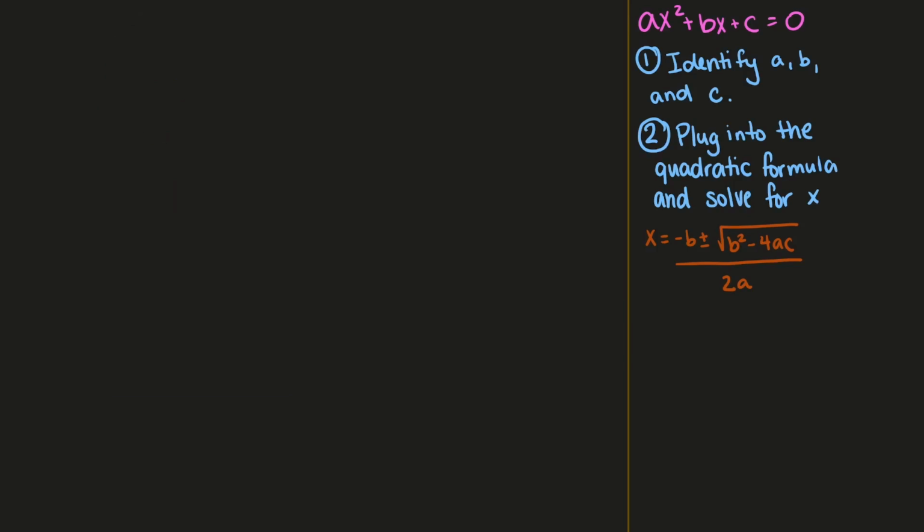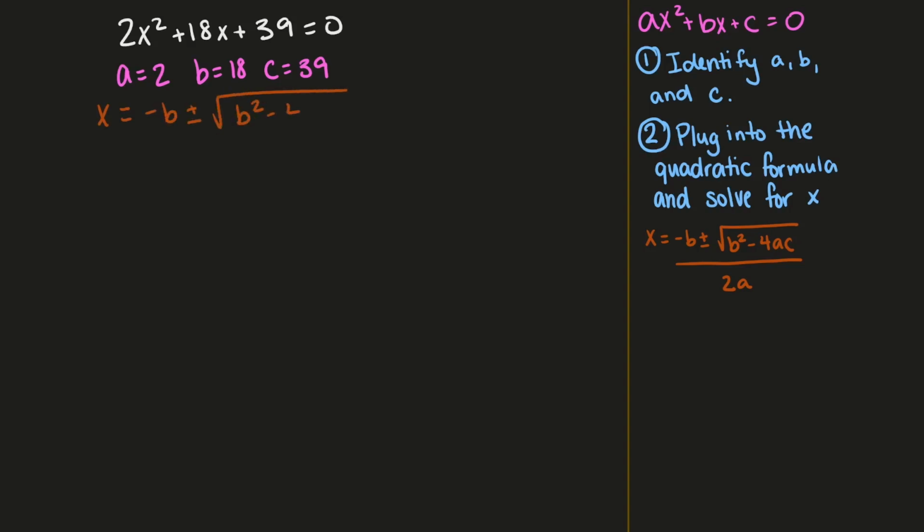And for our last example, we have 2x squared plus 18x plus 39 equals 0. Our a is 2, our b is 18, and our c is 39. Again, our quadratic formula is x equals the opposite of b, plus or minus the square root of b squared minus 4ac, all over 2 times a.